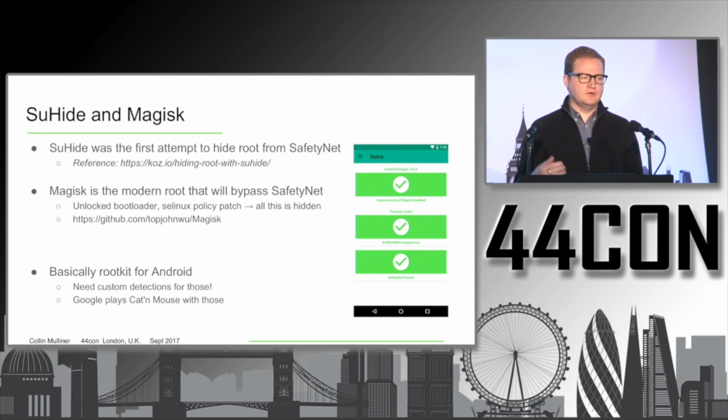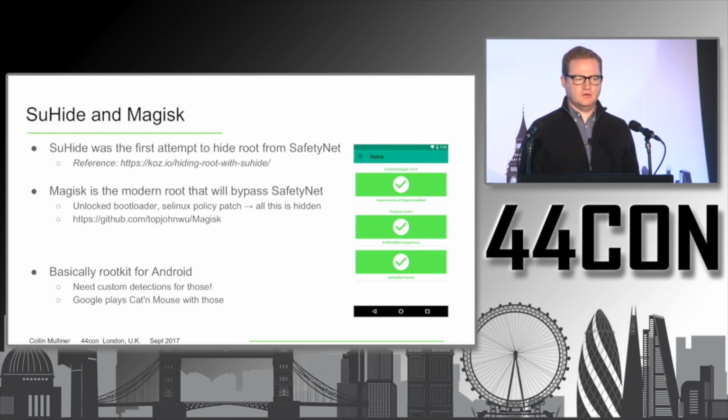And then over time, Google started to think, hey, that's kind of not cool, so they started building detections for that, and played a cat and mouse game with that community. I think the current best one is Magisk, and that also works on newer Android devices, but they heavily tamper with the device.